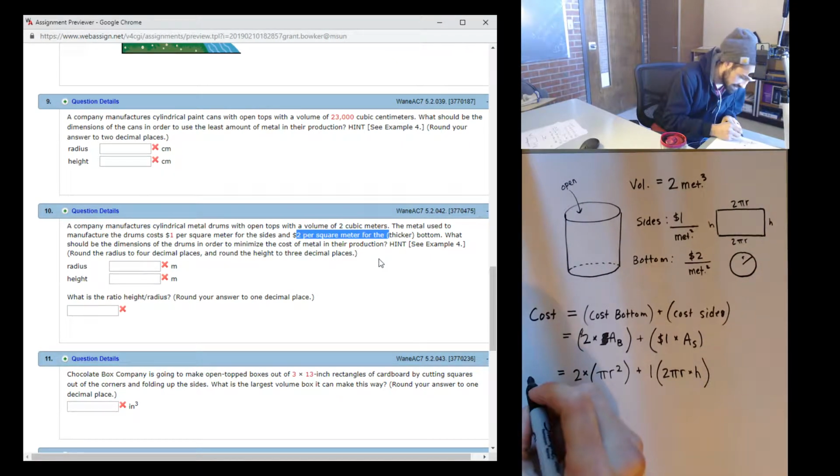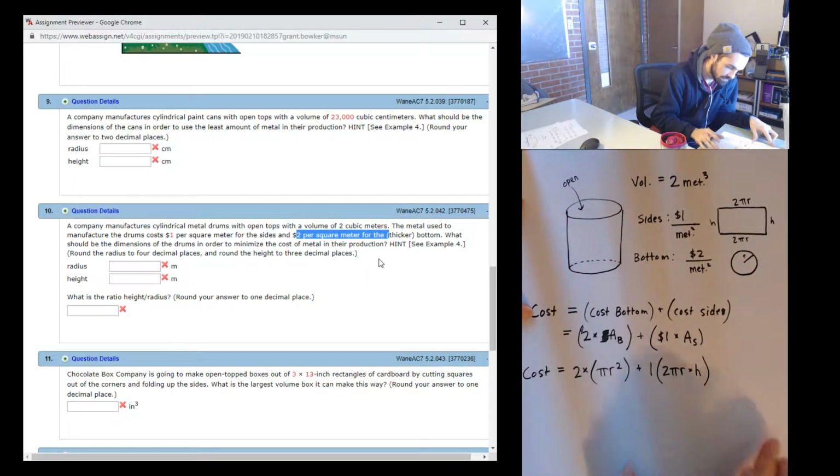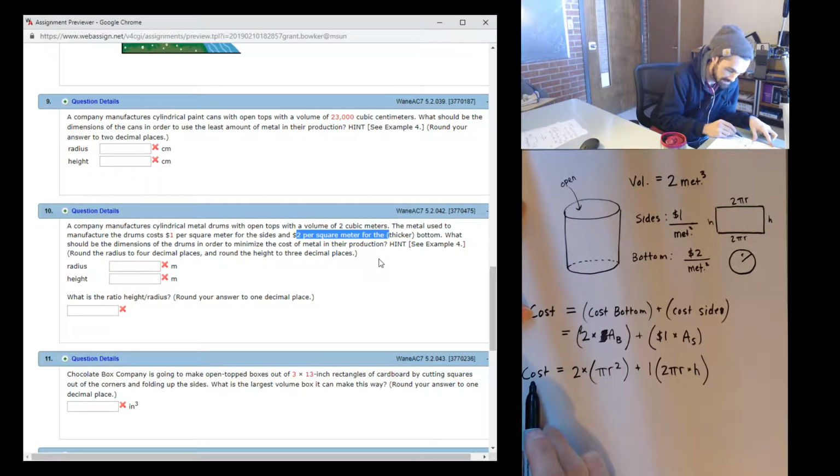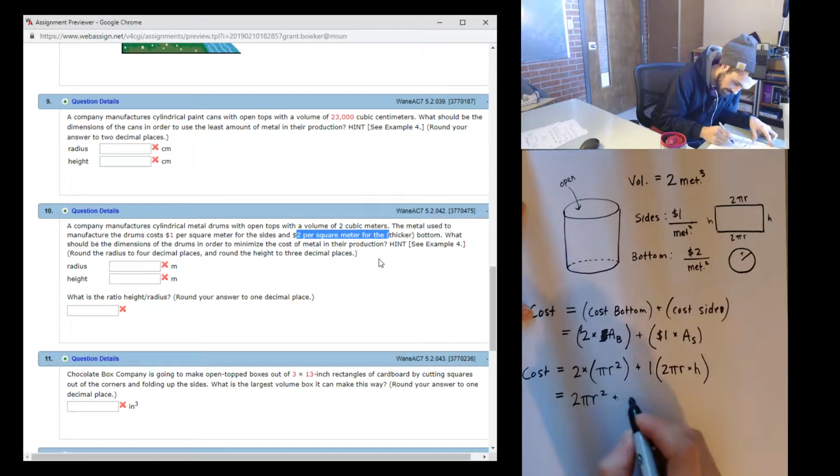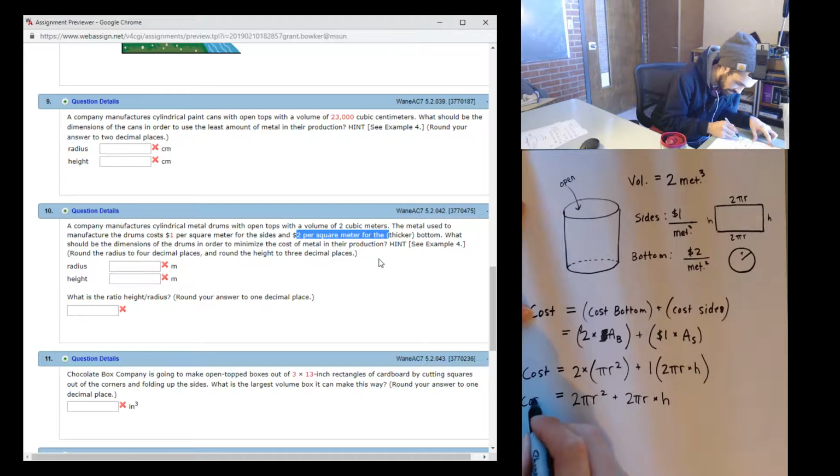So this is the cost equation. And recognize we do have this cost equation in terms of r and h. So let's clean this up a little bit more. 2 pi r squared plus 2 pi r times h. And that will be the cost.